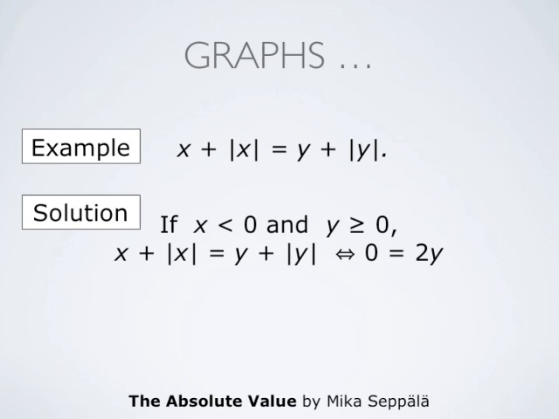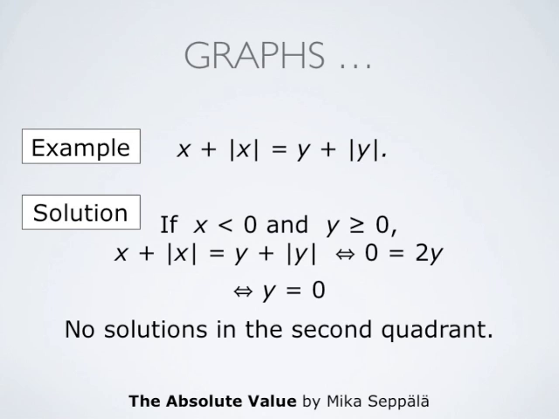And therefore, in this second quadrant, the equation reduces to 0 equals 2 times y, so this means y equals 0, and this also means that there are no solutions in the second quadrant except for the origin, which may be viewed as being a point also in the second quadrant.